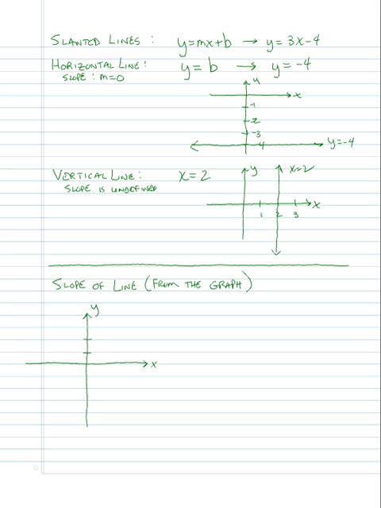Let's see, there's 1, 2, 3, and -1, -2, -3, -4 on the axes, and so on.